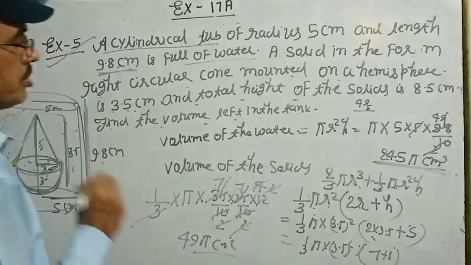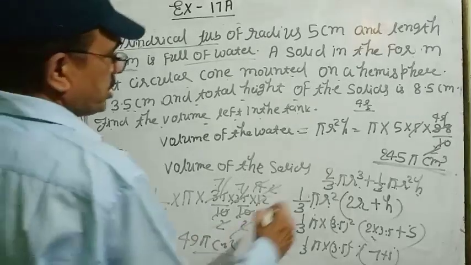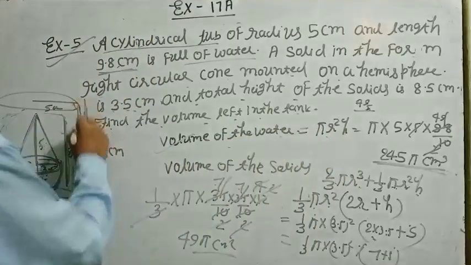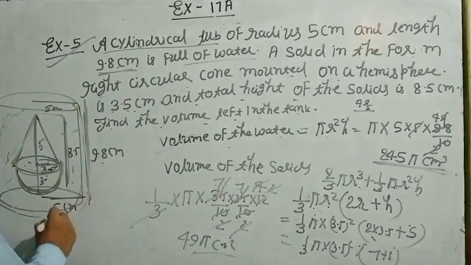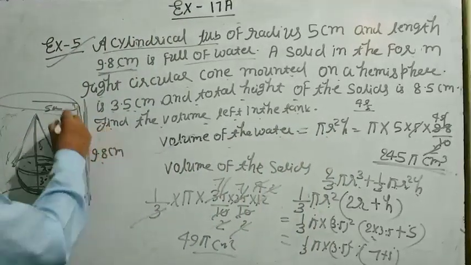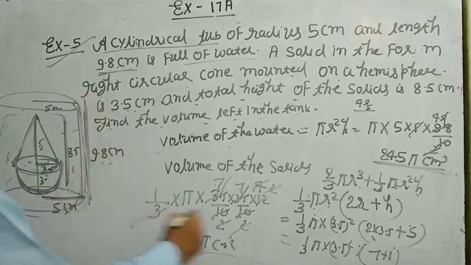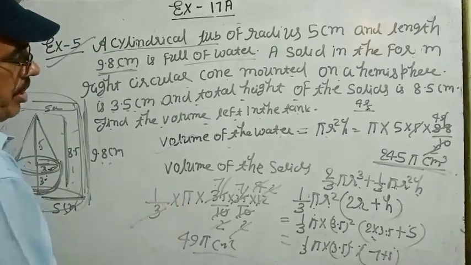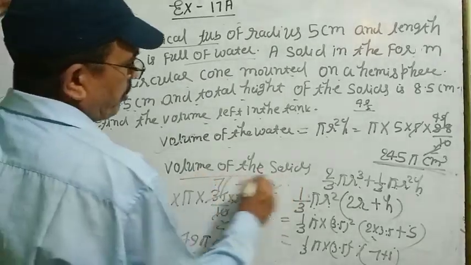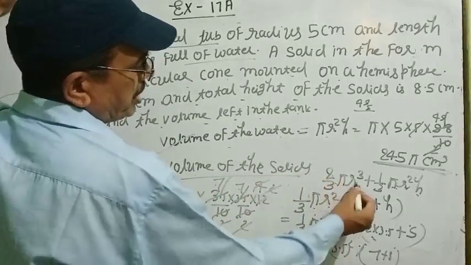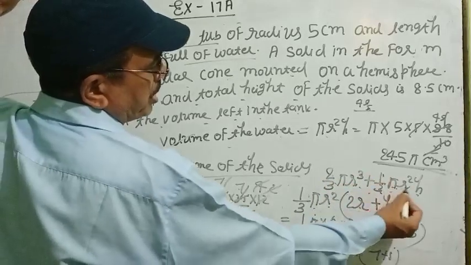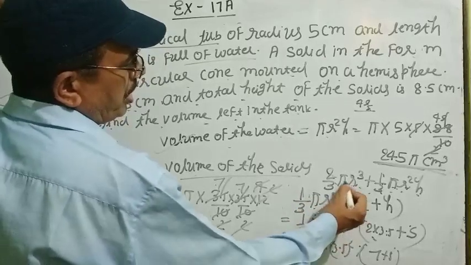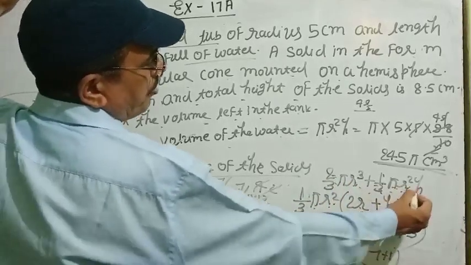So dear students, the volume of water in this vessel, whose radius is 5 cm and height is 9.8 cm, is 245 pi cm cube. And the volume of the solid is 2 by 3 pi r cube plus 1 by 3 pi r square h. Taking 1 by 3 pi r square common, 2r plus h remains.